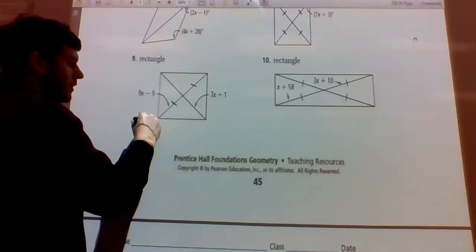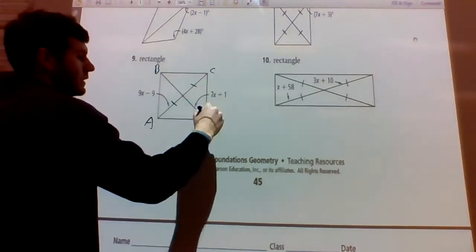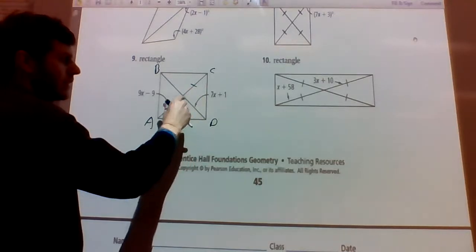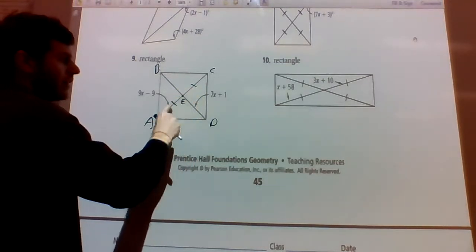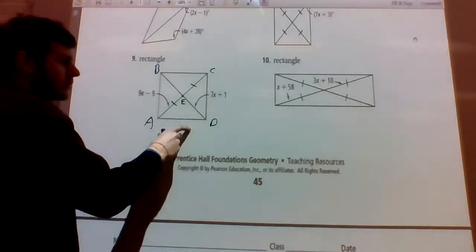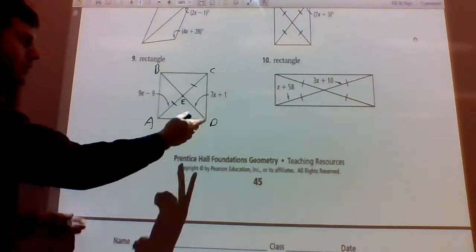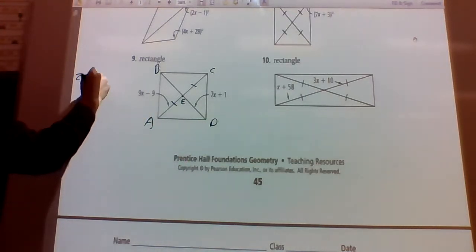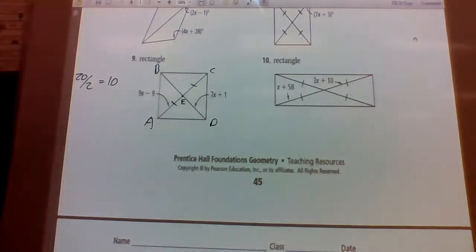So again, if we have A, B, C, D, BD splits AC into AE and EC, which is going to be the same lengths, right? So if AC was 20 and we split it in half, we're going to get 10 and 10.